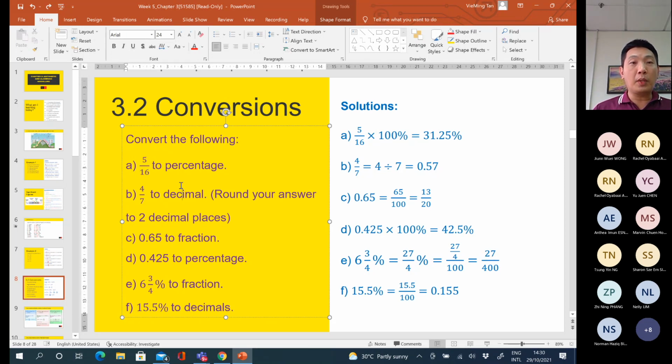If you want to convert any number to a percentage, it's very easy. Just multiply by 100%. You can use a calculator to help you.